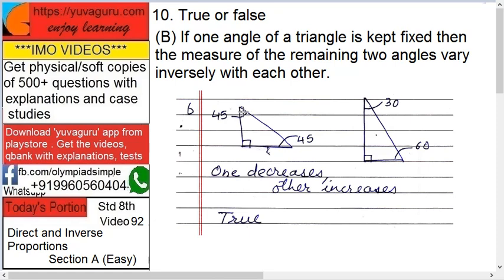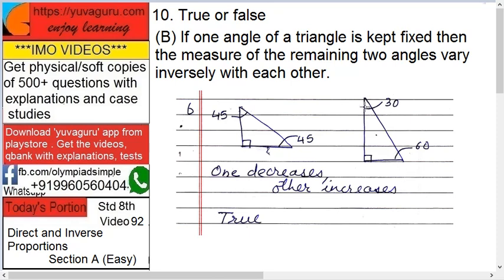So the remaining two angles are 45 each. Now, if I decrease this 45 to 30, what is the reaction on the other angle? This is made 30, but the total is always 180. So 90 plus 30 is 120, and this will be 60.